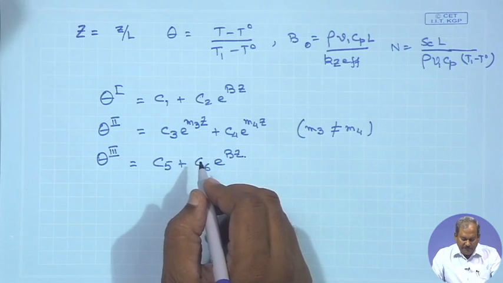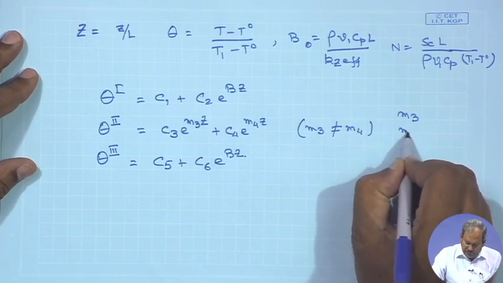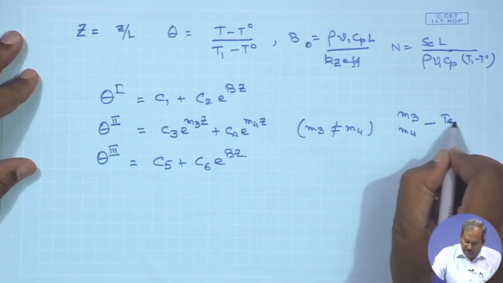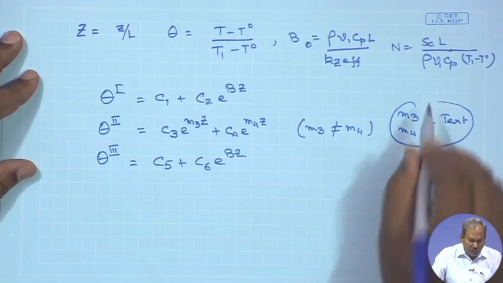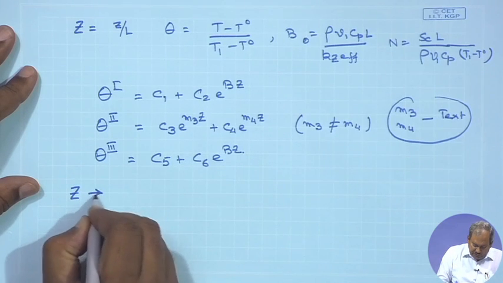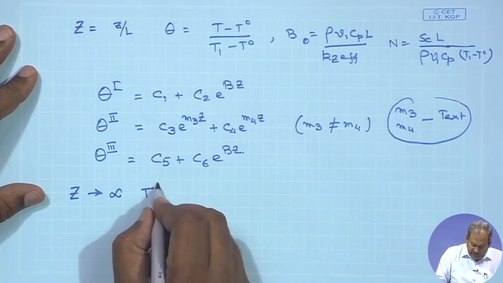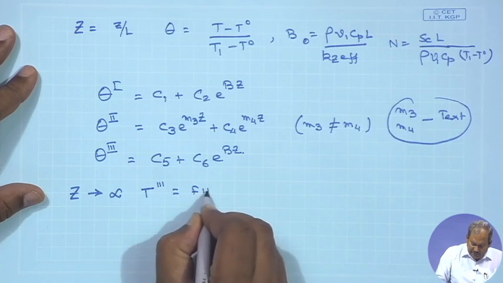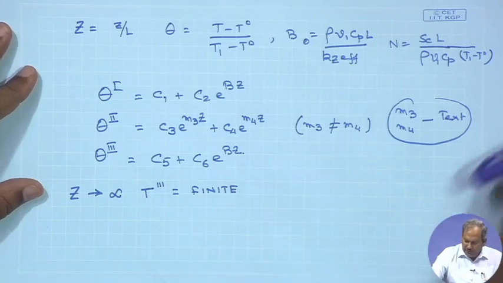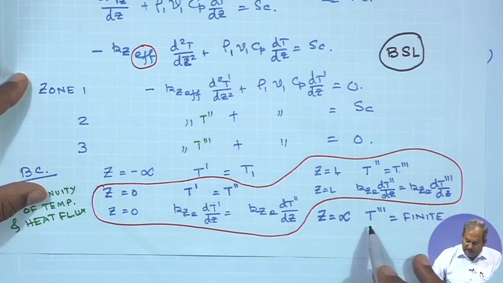Now, the values of M3, M4, etc. are given in your text, so I am not writing them over here. Now, as z tends to infinity, we understand that T3 is finite. That is the boundary condition which we have identified, that at z equals infinity, that is at the exit of the reacting system, T3 has to be finite.